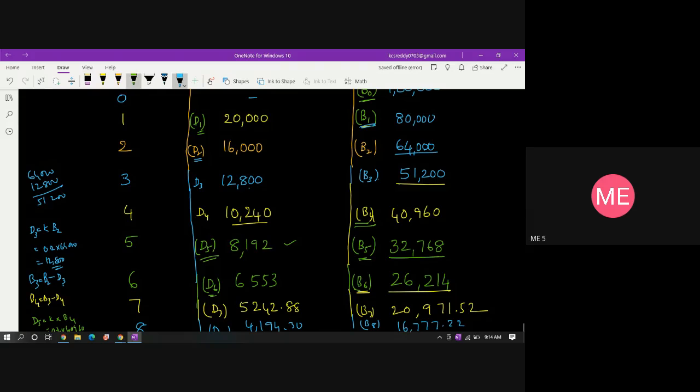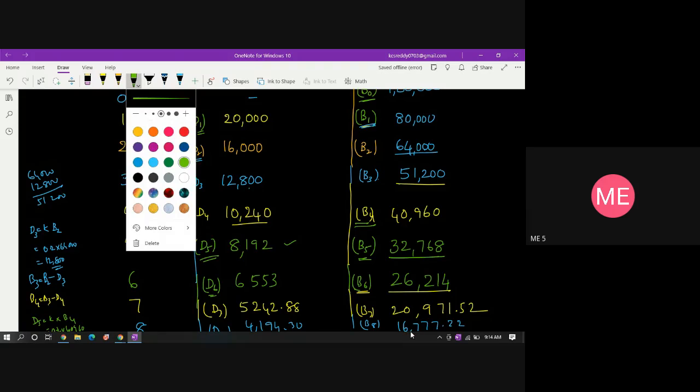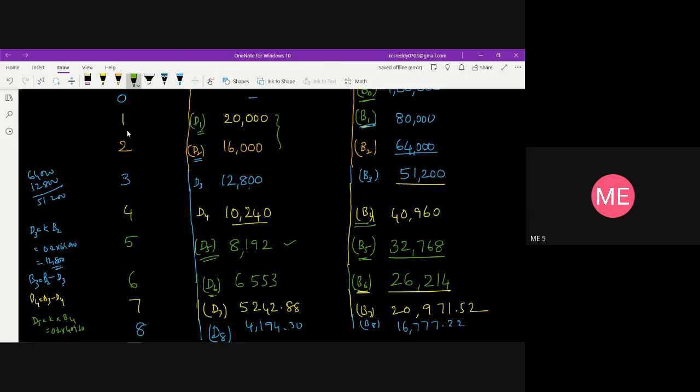For example, if you look here, there is a reduction of 4,000 rupees as depreciation at the end of the first year. For the second year, the difference between the second year and the first year is 4,000. When it comes to here, the difference has become 1,000. So in the early years of the double declining balance method, there will be a huge amount of depreciation.